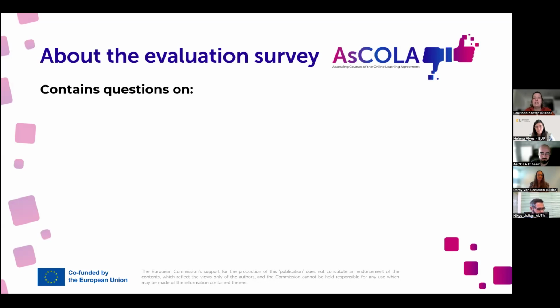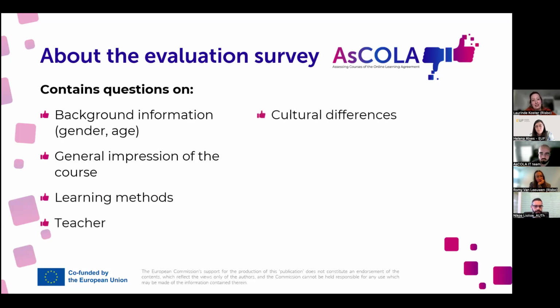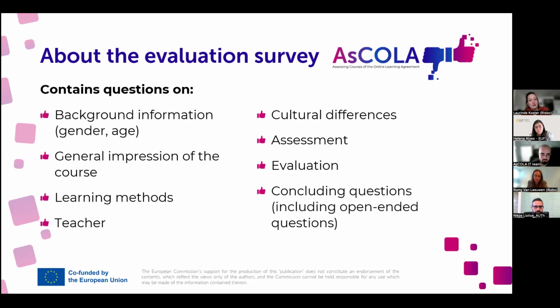So what is actually in this tool? So based on this desk research, we really looked into all of these components and questions that we would like to know of these students in order to improve our courses. So there are a couple of aspects on this questionnaire, and the questionnaire itself then contains questions on the background information of those students, the general impression of the course, the learning methods of that course, the teacher itself, any cultural differences that might happen, the assessment of the course, the evaluation, and then there are also some open-ended questions.